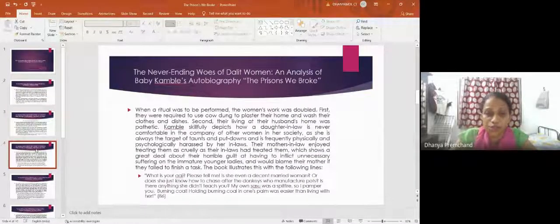Then, when a ritual was to be performed, the woman's work was always doubled. First, they were required to use cow dung to plaster their home and wash their clothes and dishes. Second, their living at their husband's home was pathetic. Campbell skillfully depicts how a daughter-in-law is never comfortable in the company of other women in her society, as she is always the target of taunts and put downs, and is frequently physically and psychologically harassed by her in-laws.